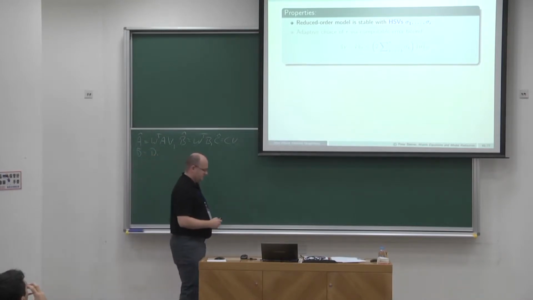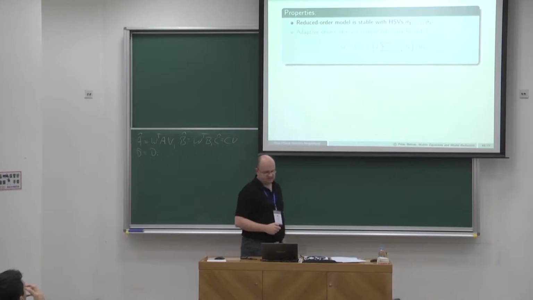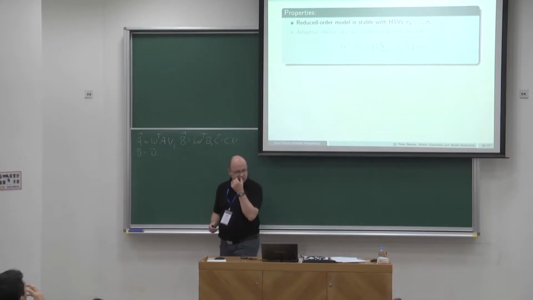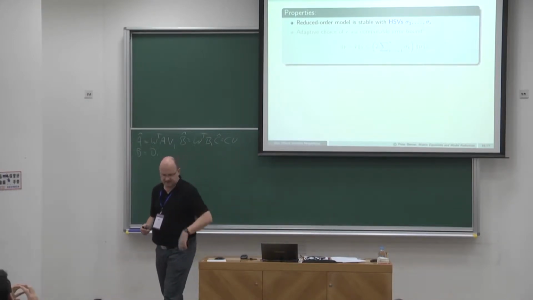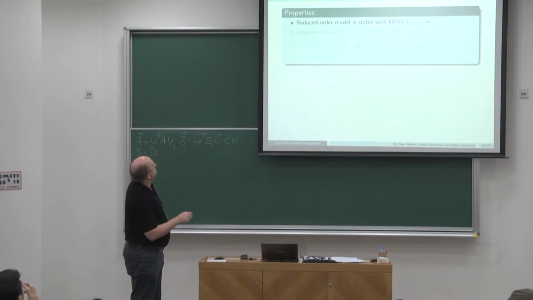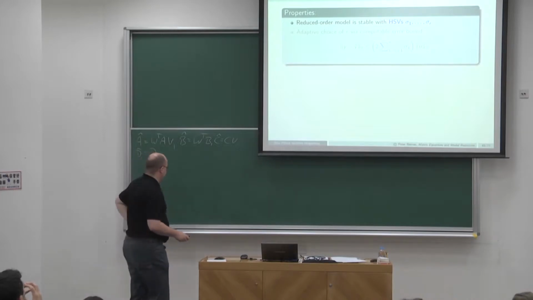And there are some nice properties that we will partially show. In any case, it's clear that the reduced order model is stable with Hankel singular values sigma 1 through sigma r.